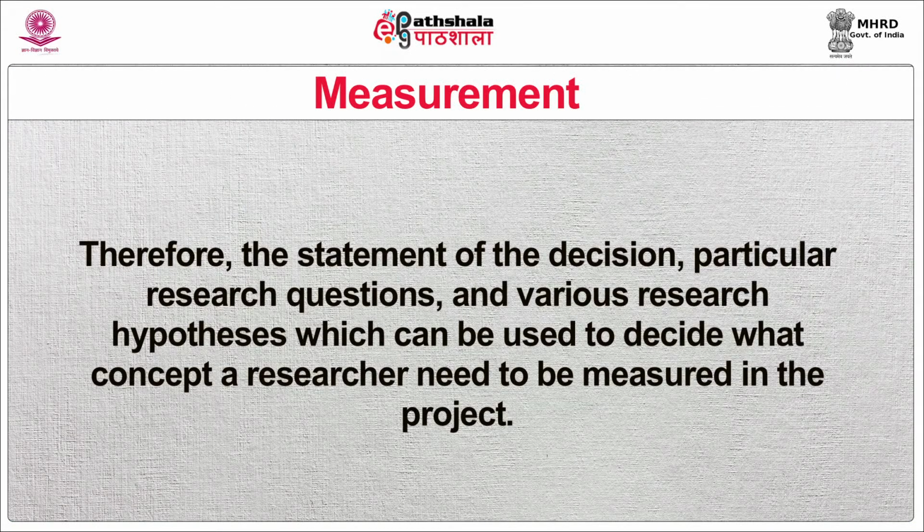Therefore, the statement of the decision, particularly research questions and various research hypotheses, can be used to decide what concept a researcher needs to measure in the project. Measurement is the process of describing some property of phenomena of interest, usually by assigning numbers in a reliable and valid way.